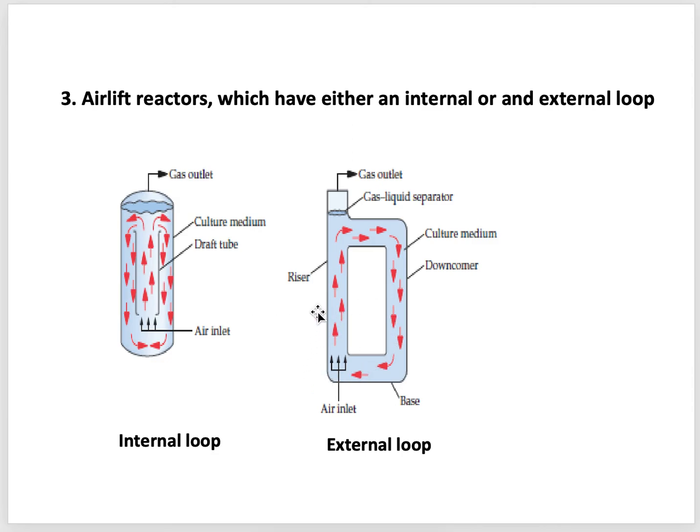So as the recirculation is better, the bubbles get more time to transfer the oxygen. That means gas disengagement is better in case of external loop bioreactor.